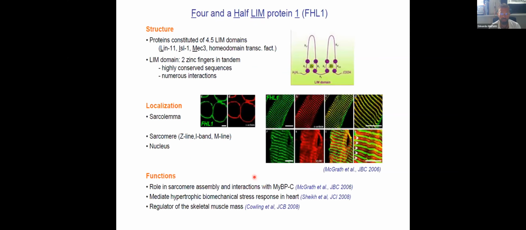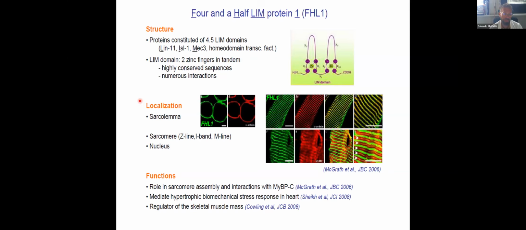What is the FHL1 protein? It is a protein that consists of these different LIM domains, which are composed of two distinct zinc fingers in tandem, where we find highly conserved sequences, and it exerts different interactions.